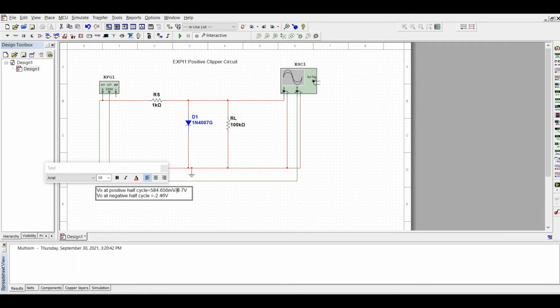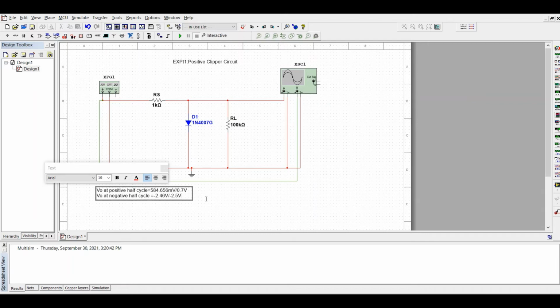So theoretically, the output voltage during the positive half cycle is 0.7 volts, and in the negative half cycle, the voltage will be equal to RL upon RL plus RS times the input voltage, which is minus 2.5 volts.